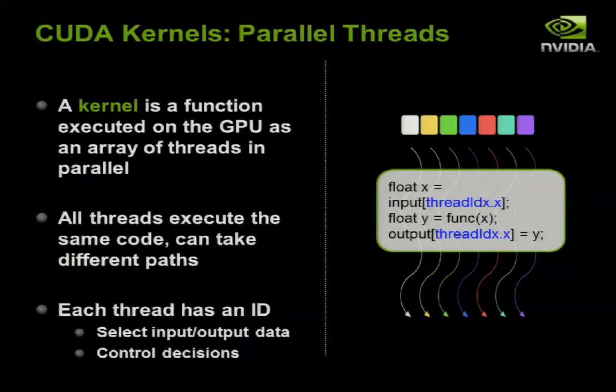Now all threads that execute a kernel execute the same code, but they can take entirely different paths through this code. So you can branch based on your thread ID. You can perform entirely different operations based on your individual ID. Now, whether that performs well or not is a different question, but you can do that.